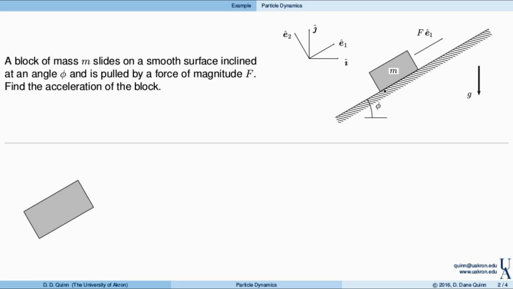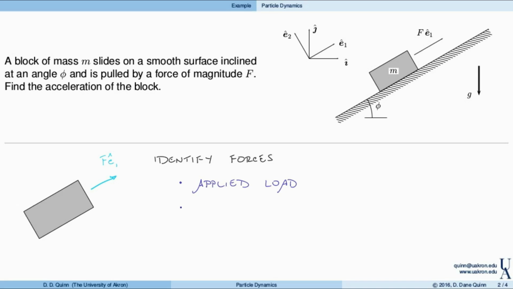So here we begin by identifying forces that act on the system. So certainly we have the applied load, and that is here, F in the E1 direction. That acts on the system.